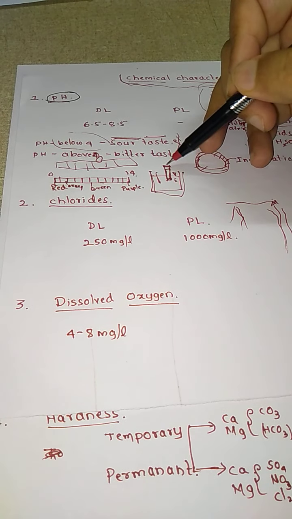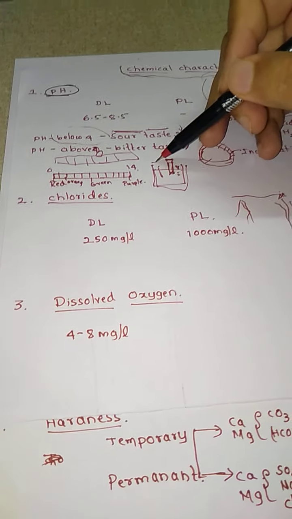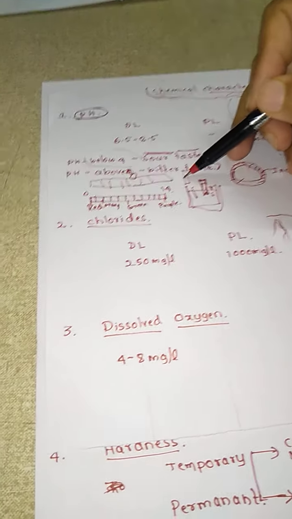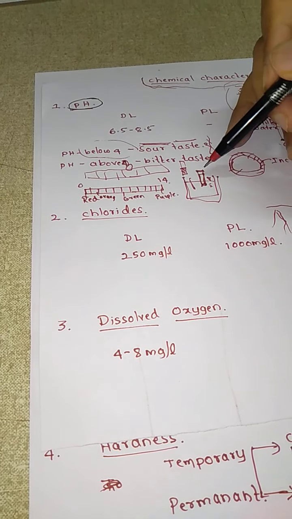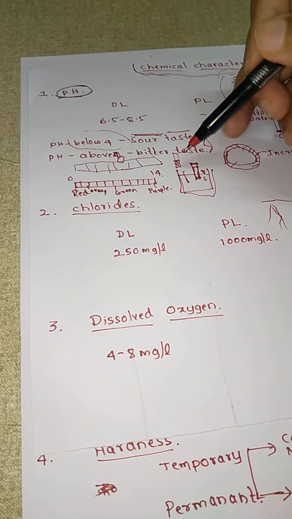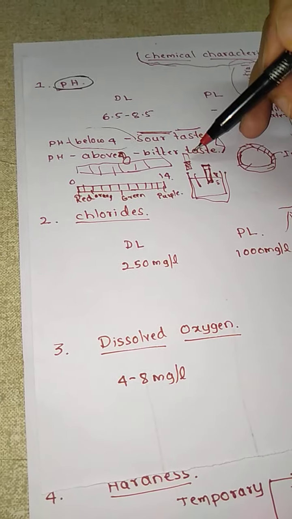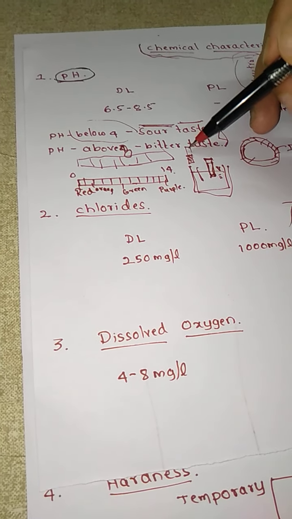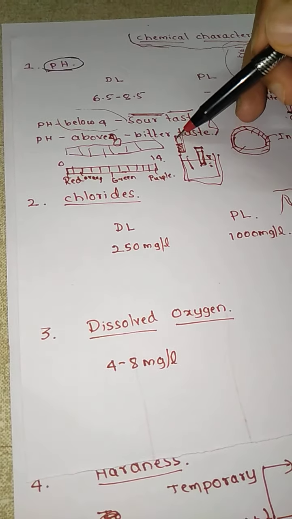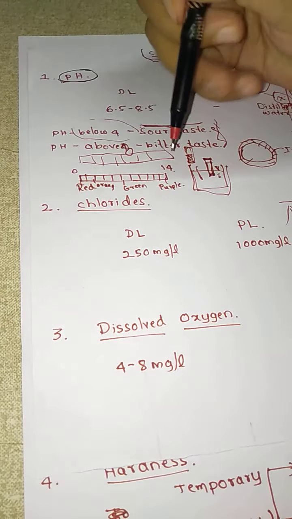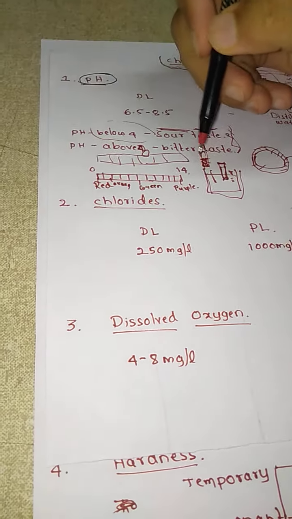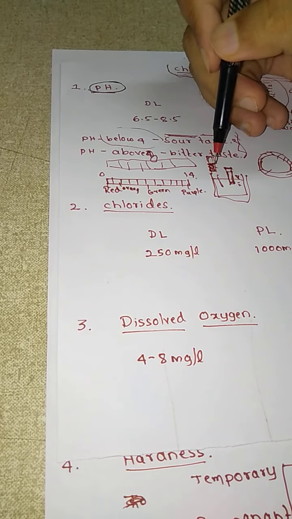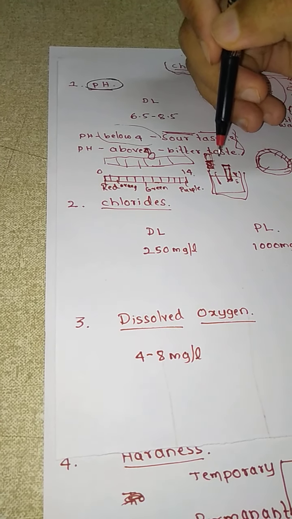After we take the pH paper out, the dipped portion will have some color, like orange, red, purple, or green, according to how the companies have prepared it. This color itself will indicate whether it is in the acidic range or the basic range.